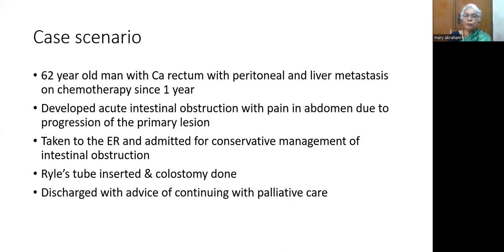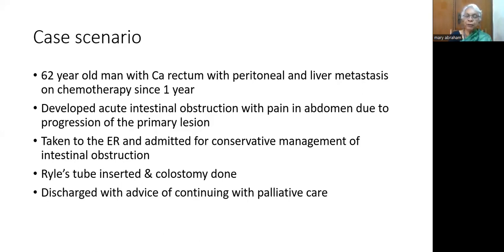Now let me start off with a case scenario of how I encountered a patient with difficult pain. This was a 62-year-old man with CA rectum who had peritoneal and liver metastasis, and he was on chemotherapy for the last 1 year. He had developed acute intestinal obstruction with pain abdomen due to progression of the primary lesion.